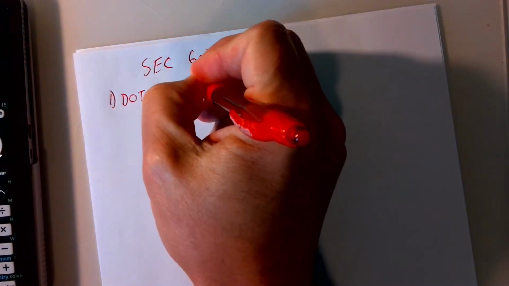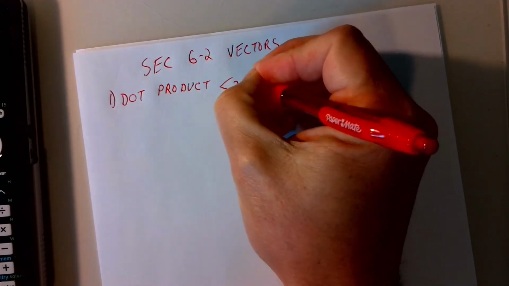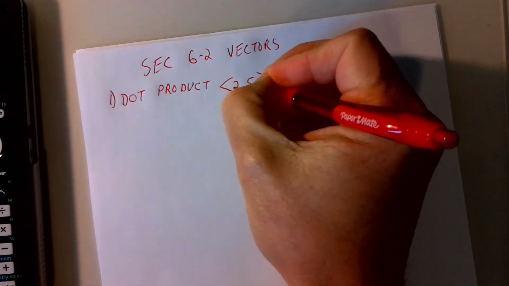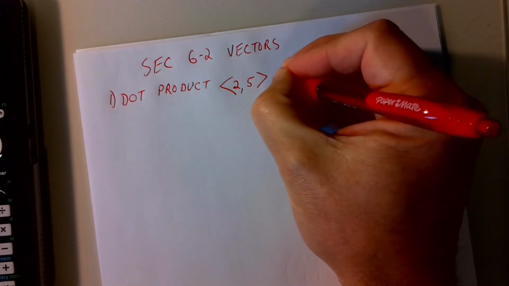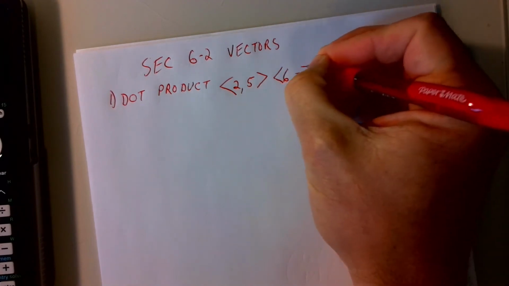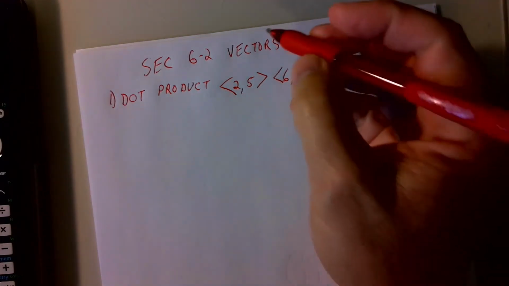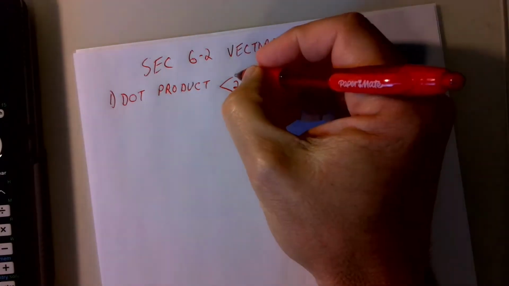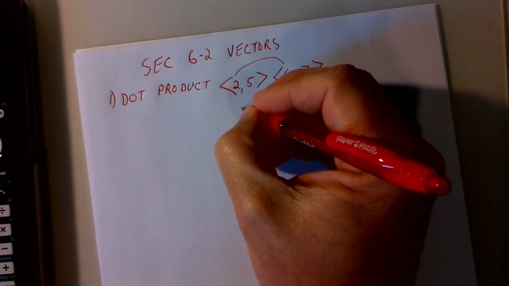And the dot product of two vectors, let's go vector here, 2 comma 5, and another vector here of 6 comma negative 7, something like this. The dot product means that you take the first two things in here and you multiply them together. So 2 times 6 is 12.